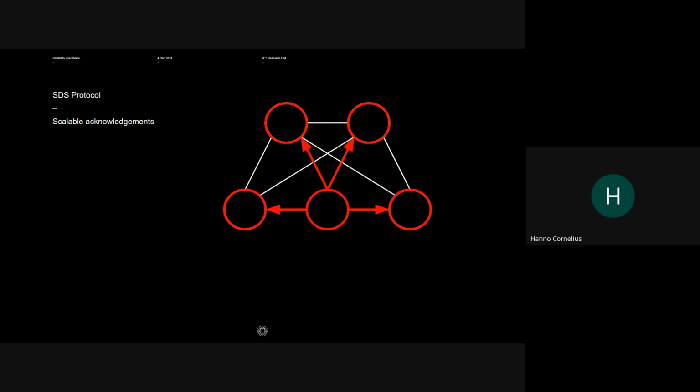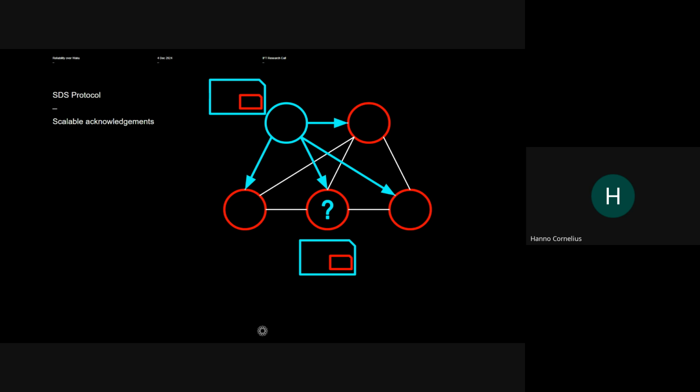So sometime later, 10 seconds later or whatever, the blue node now wants to send a new message to everyone in the group. And what it does is it crafts the blue message. But now instead of just sending a new message, it will include some form of a reference to the red message it just received. And it will then broadcast this message to everyone else.